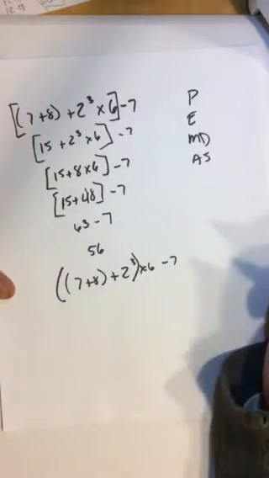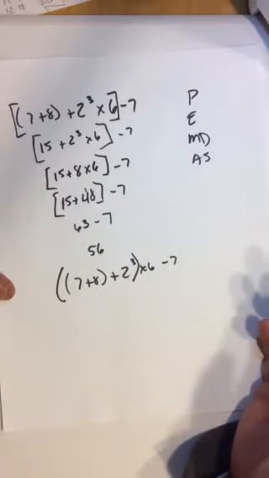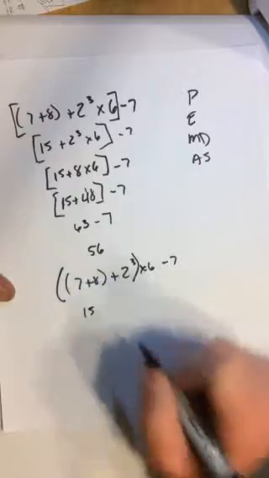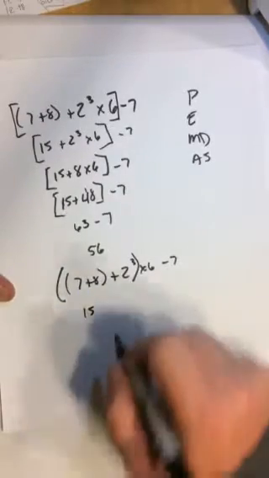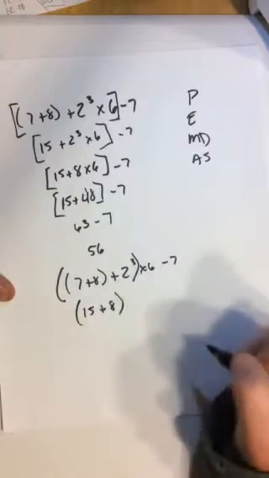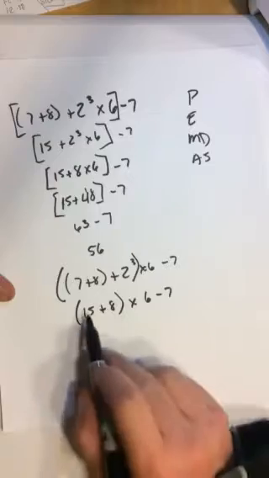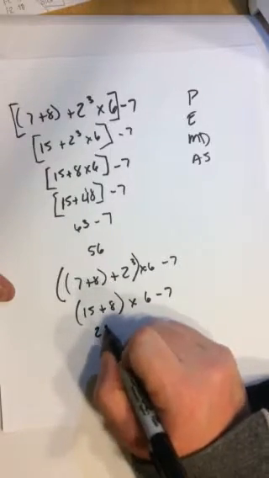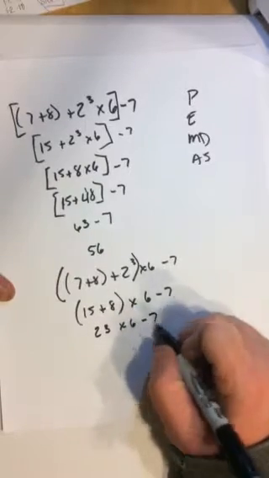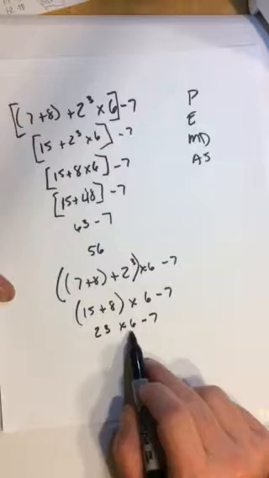They're all going to be the same thing. How is this going to change our outcome? I still have 15, and that uses up everything inside of there, plus 2 cubed, which is 8, now in parentheses, times 6 minus 7. 15 plus 8 is 23, and I don't have anything left in there, times 6 minus 7. Ooh, this is looking very, very different this time, isn't it?